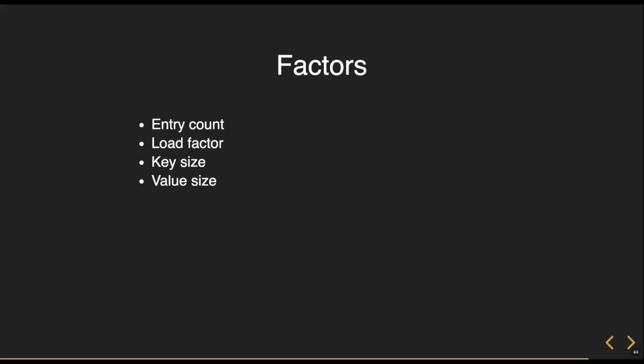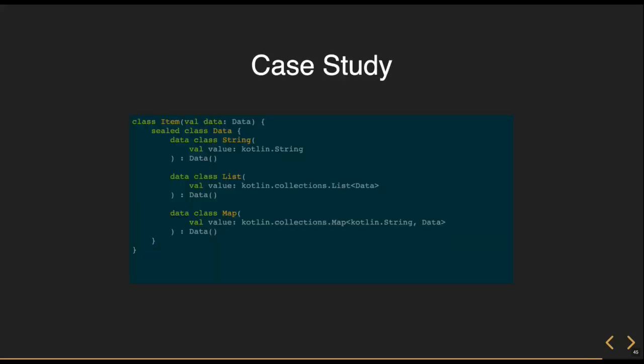So we'll look at the case study that I mentioned originally. We wanted to build our in-memory database to keep all the user data. The data structure that we're using is basically an item. An item is something that the user has stored. It's essentially like a JSON. So you have the data, which is a sealed class, which can be a string, a list, or a map.